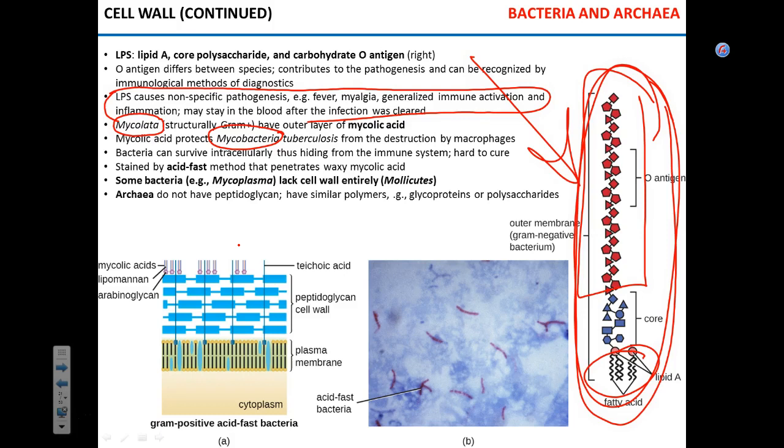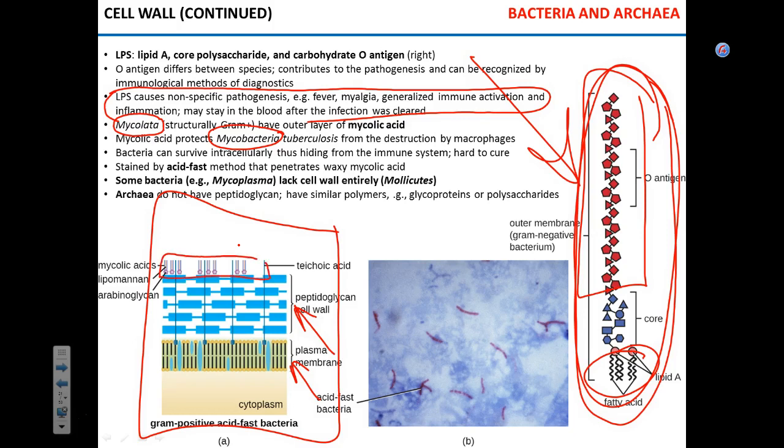Mycolata have a slightly different structure of the cell wall. Look at the picture here in the left bottom corner. Plasma membrane and the thick cell wall. What does it remind you of? Gram-positive or gram-negative? Gram-positive. That's gram-positive, right?